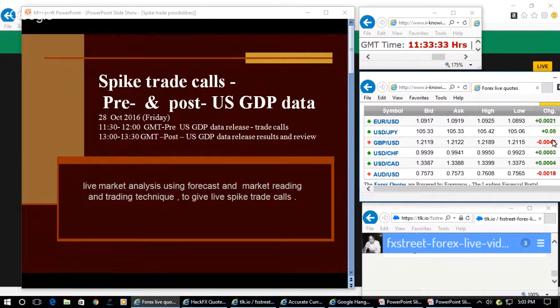So it's again a contrarian move. And GBP is showing a USD strengthening move, and the Australian dollar is also showing the USD strengthening move, or a negative net change.